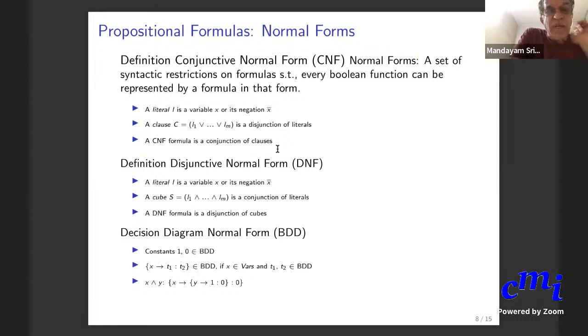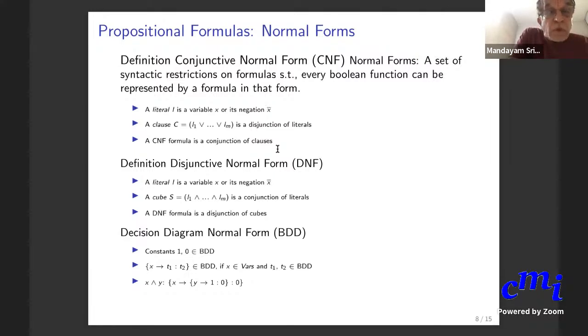This restriction is also called product of sums. Disjunctions can be viewed as sums, and conjunctions as products, so it's sometimes called product of sums.